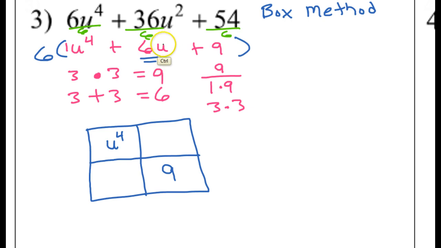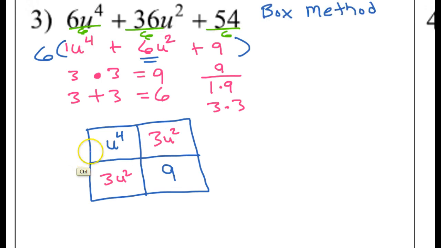And this is forcing me to remember I made a little mistake right here. This was u squared, so this should be u squared. And so when I do these two boxes, they should also be u squared. So I'm going to use the two numbers that we just decided on, but these will be u squared because the middle is u squared. So 3u squared and 3u squared again.